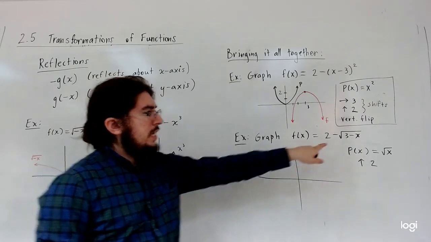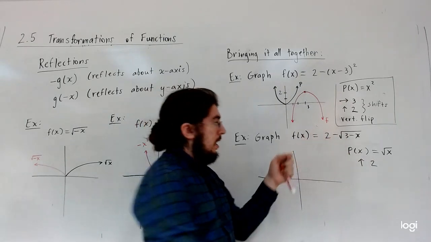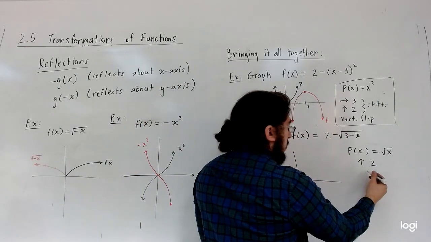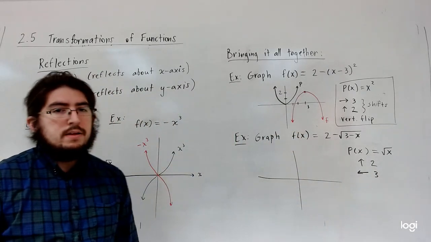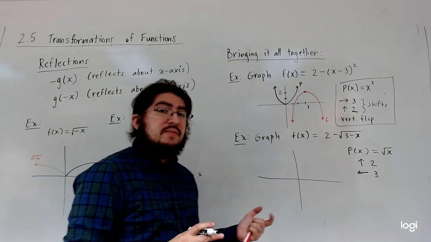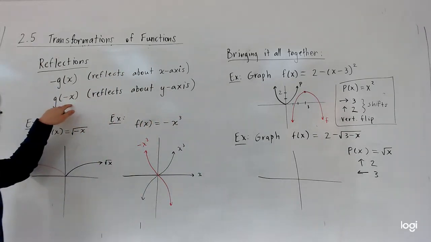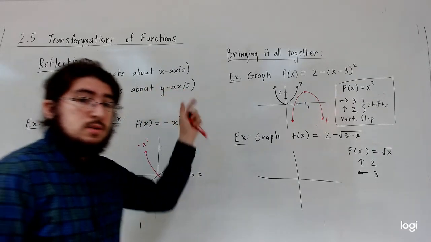So in this case, I'll just say adding 3 on the inside because it's positive 3. I'm going to say that's adding 3, and when you add 3, you move to the left 3. Okay, so just bear with me. There is a negative in front of x, and when there is a negative in front of x on the inside, that is a reflection about the y-axis, so that's a horizontal flip.